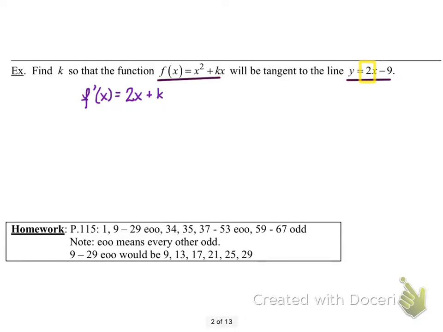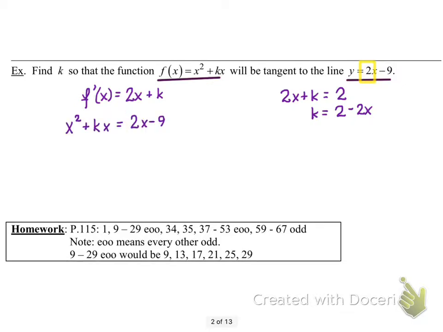So we're going to set our slopes equal to each other. We also know that the function f must touch the line 2x minus 9. So we also need to set those two y values equal to each other.